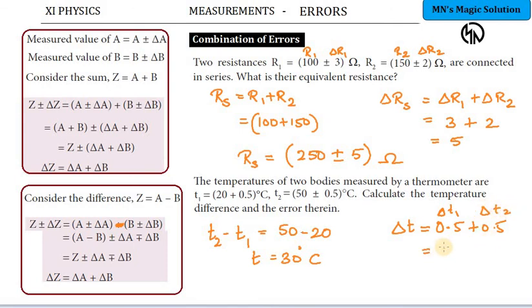When you add them, you get 1 degree Celsius to be the del T value. So how will you represent the temperature as such? It is nothing but T plus or minus del T. Correct? So this is 30 plus or minus 1 in degree Celsius. This is your final answer.